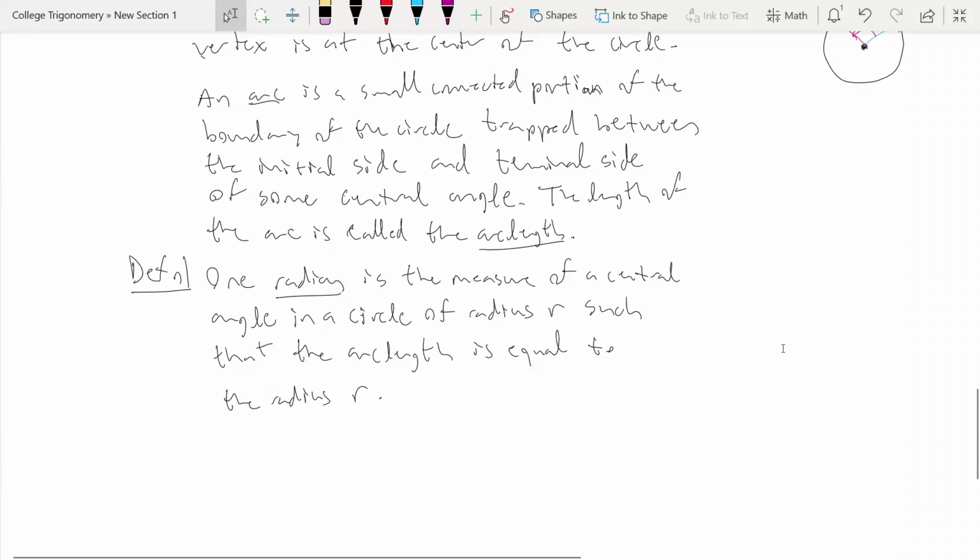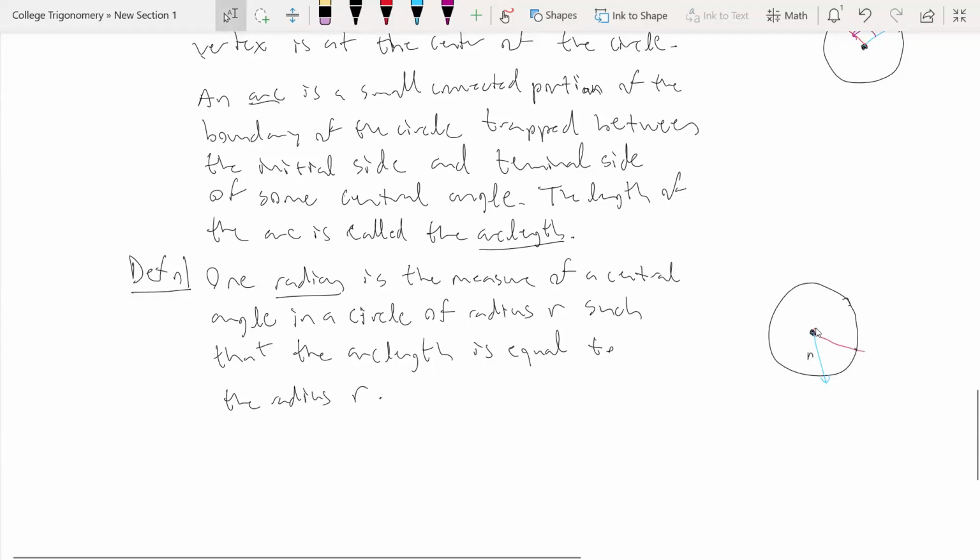So I'm going to draw a little picture here. Central angle, and let's say that my initial side is right here. Before I do my terminal side, let's say that the radius of the circle is r. So then I need my arc length to be r. And remember, this is a curved surface, so it's kind of hard to tell where you need to stop for it to have a length of r.